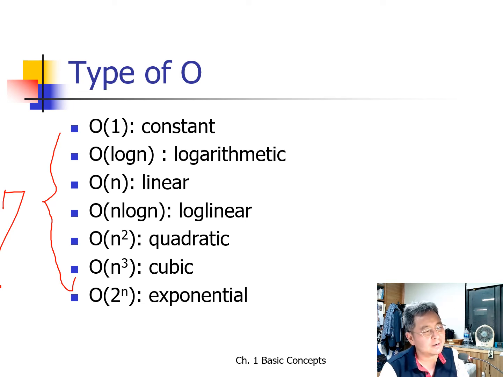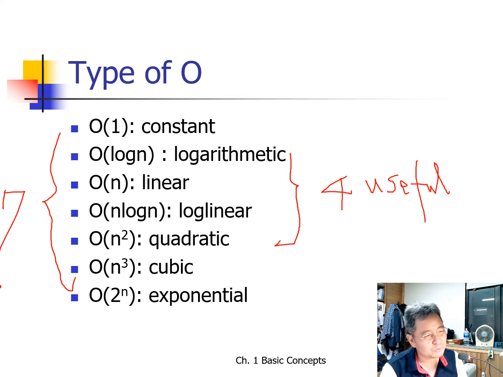Here, I think these 4 classes are useful algorithms. Otherwise, it is not a useful algorithm, so we just discard that algorithm even if it is developed.